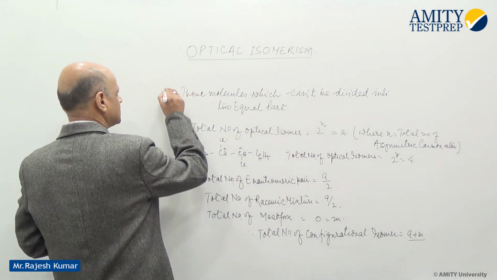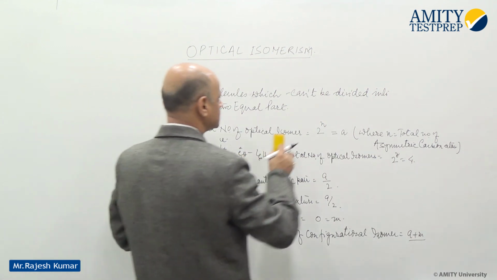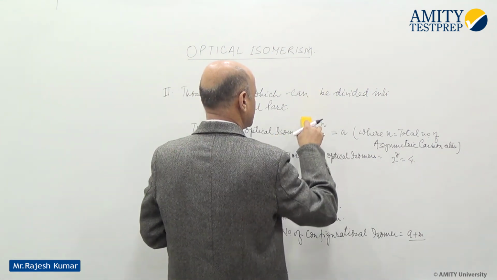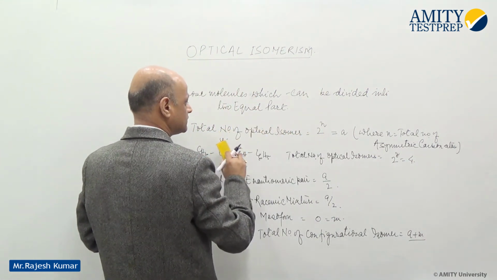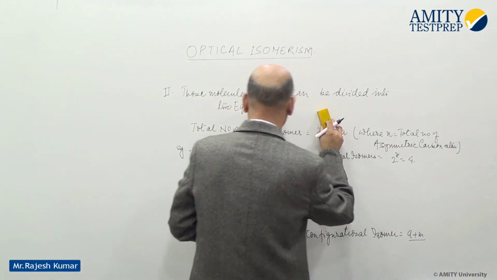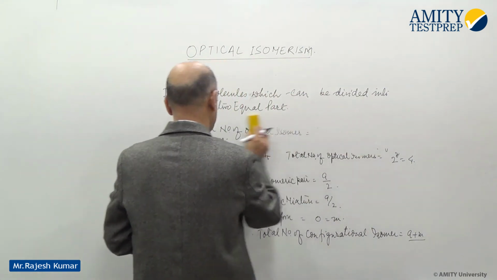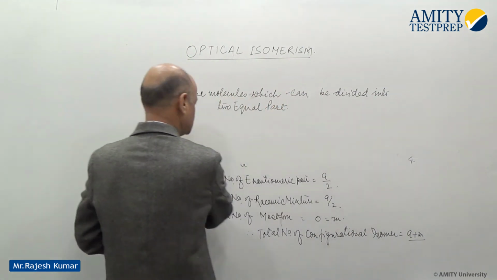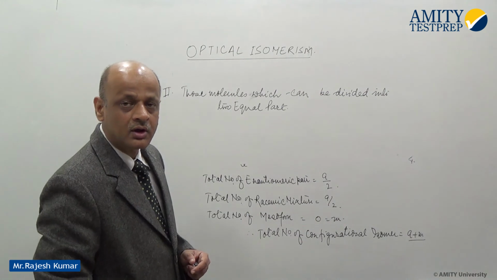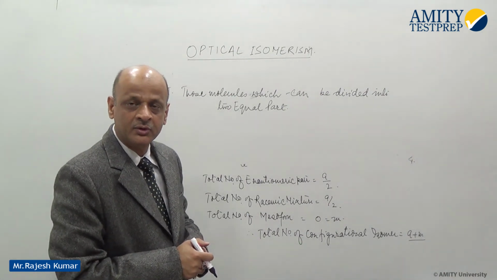Second one is those molecules which can be divided into two equal parts. So the total number of geometrical isomers depends upon the total number of asymmetric carbon atoms present in the molecule.